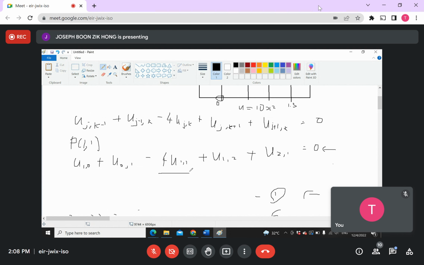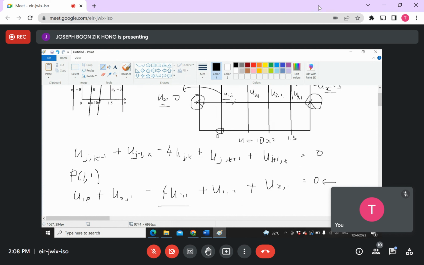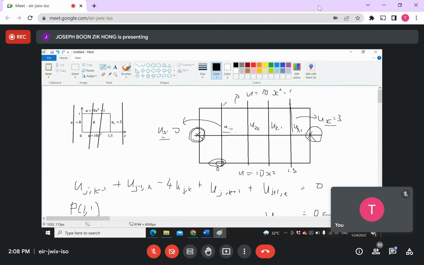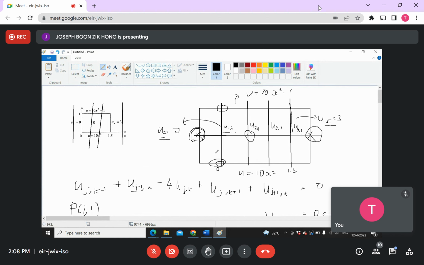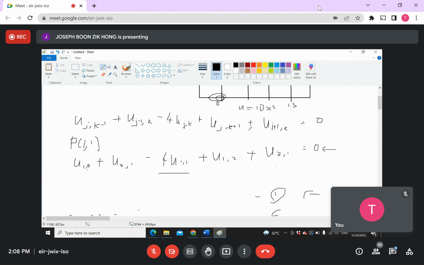In order to find the U11, what you need? U10. U10 is something here. And then U01 is something here. And then U12 is something here. And also U21, which is here. So we substitute. We only have this one as 0. The rest we don't know.